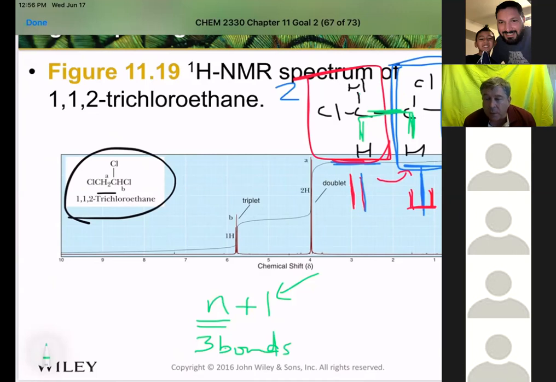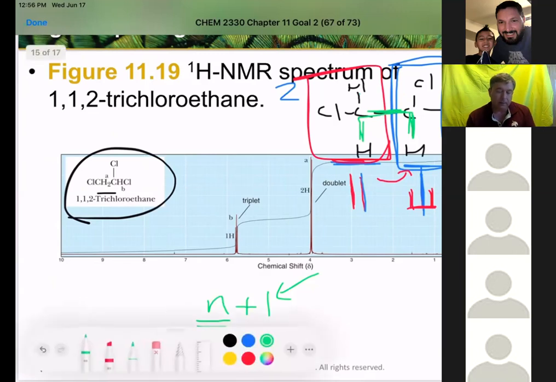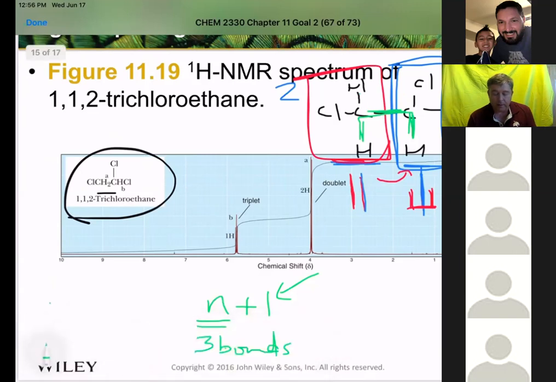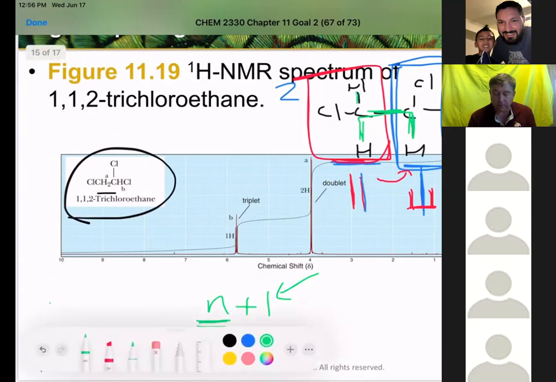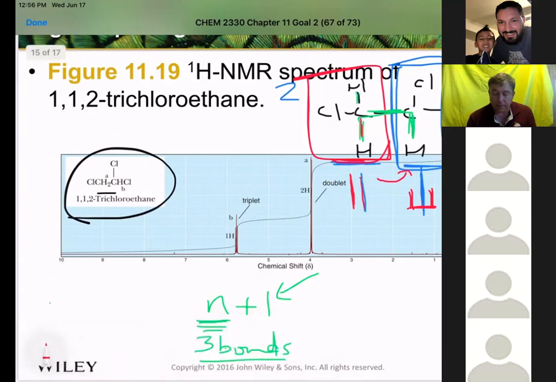So the question in the chat is, since the other hydrogen is the same signal, it doesn't count as a third hydrogen. That's what I'm trying to make very clear here: our n is the hydrogens that are 3 bonds away. If you're 2 bonds away, I'm going to redraw these as red bonds.